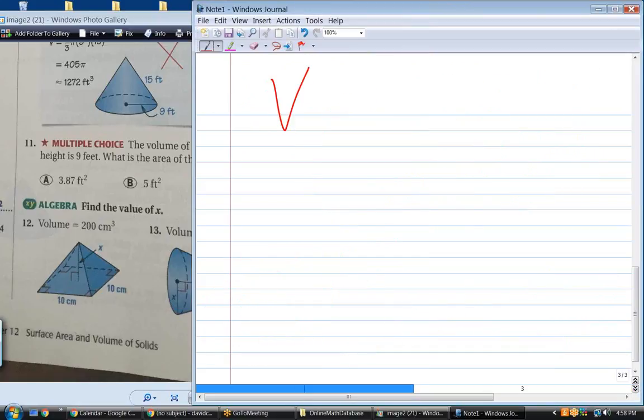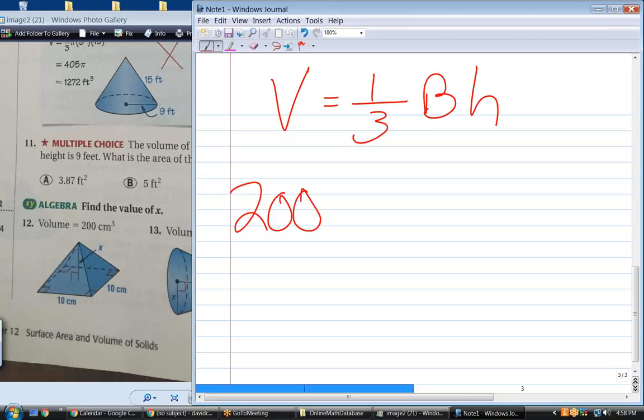Always, always, no matter what the geometry problem is, start it with this. Always start with your general formula. Because now we can just take all the information they gave us and plug it into this. Well, what they told us the volume is 200, so I can plug that in for V. Do I know the area of the base?